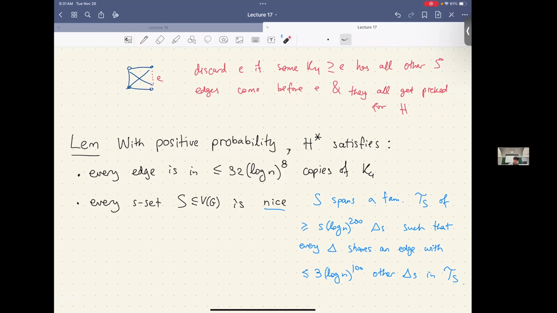In short, S spans a family of linear-in-S, almost edge-disjoint triangles.